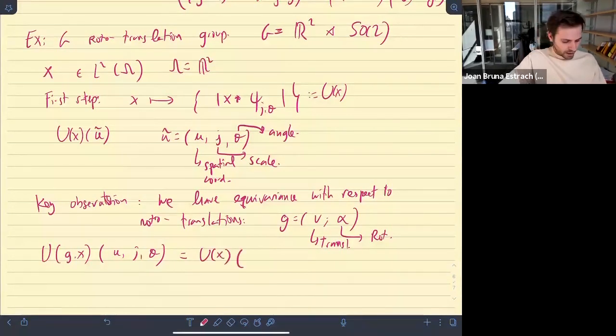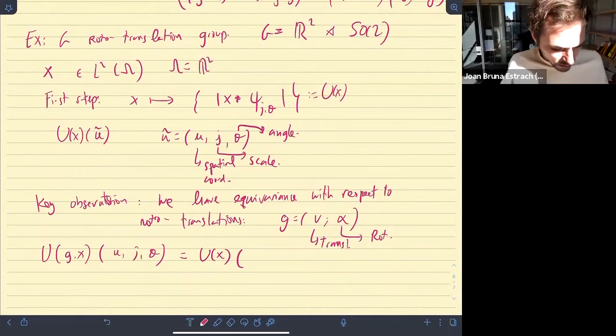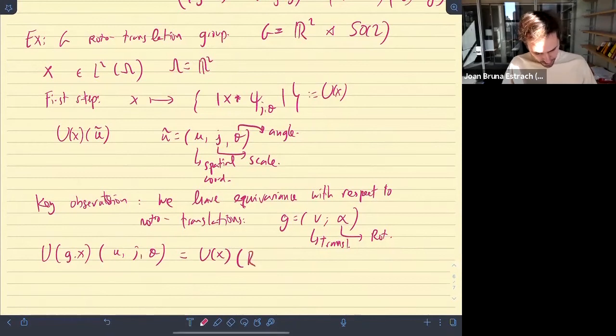Now I need to see how this group element transformation G is changing my coordinates. So obviously it's going to change the translation part. How is it going to change my translation part? Well, that's going to change it by the way the roto translation group is acting on my input.